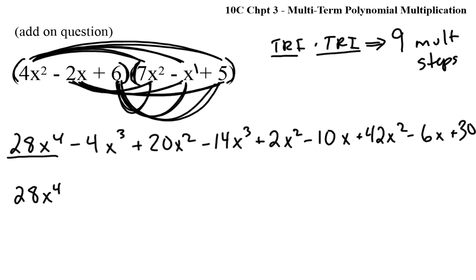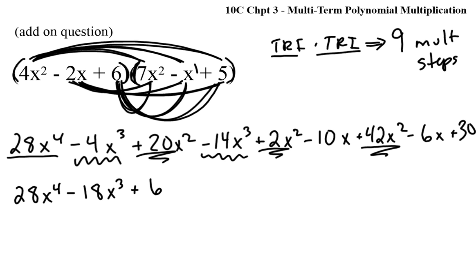So we have 28x to the 4. Negative 4x cubed, negative 14x cubed. Leaves me with negative 18x cubed. 20x squared, 2x squared, 42x squared. 20 and 2 is 22. 22 and 42 is 64x squared.